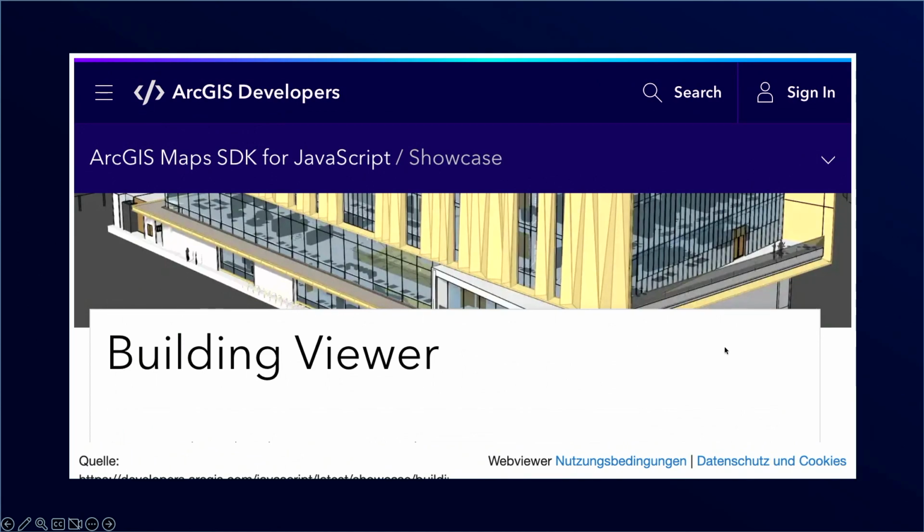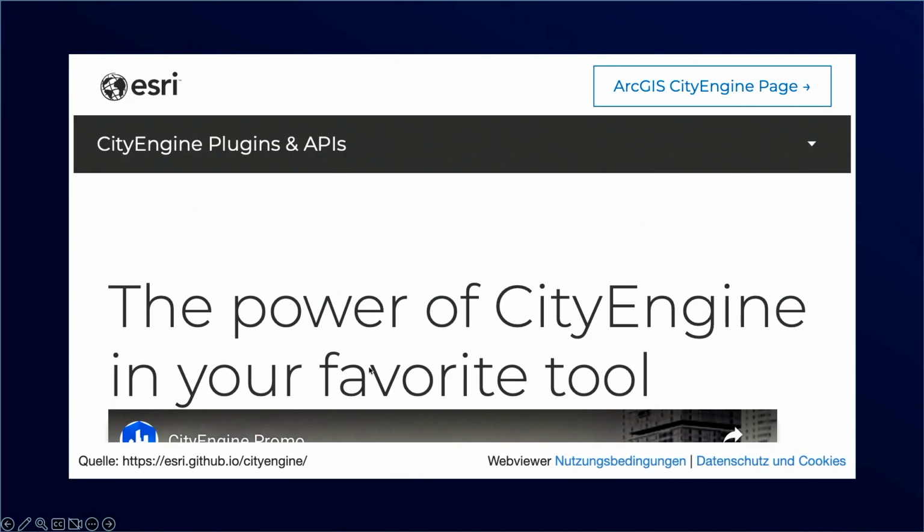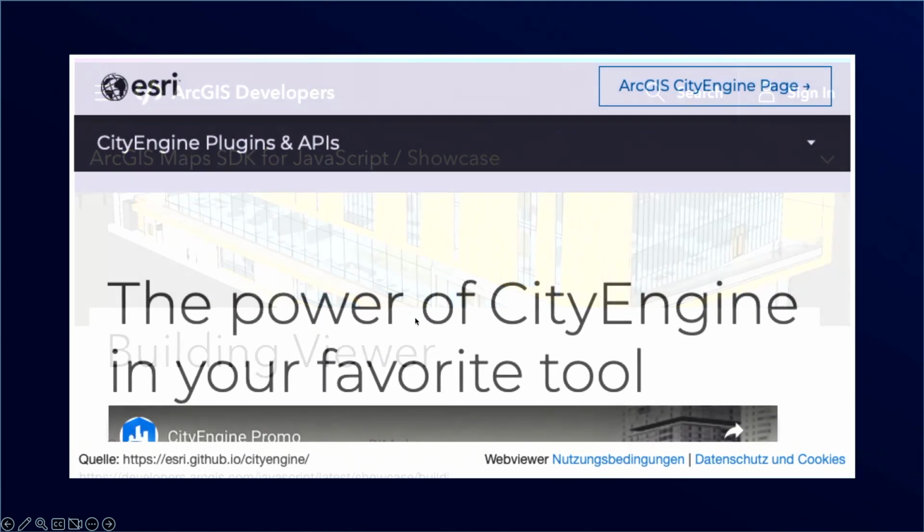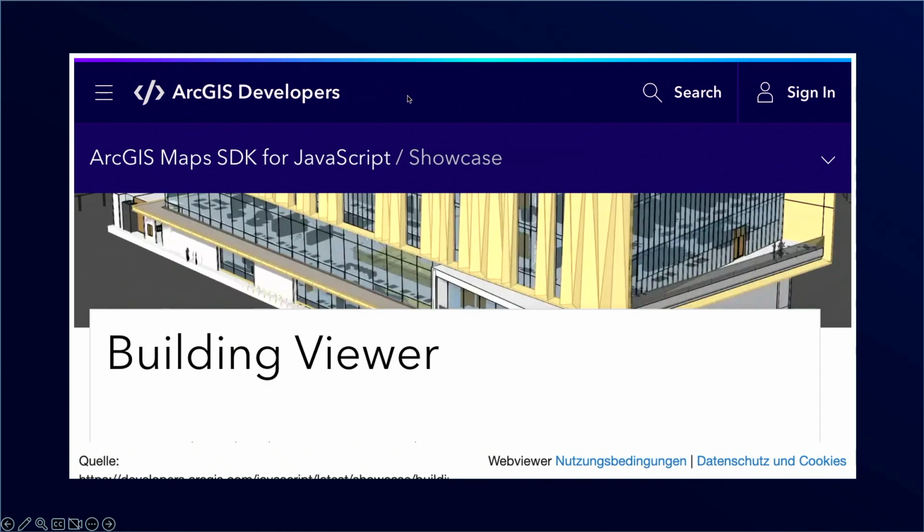There's a web page that shows you how to, for example, work with a building scene viewer, and how to adapt it and make it into your own application. So you can create different menus, different access points, how you access.